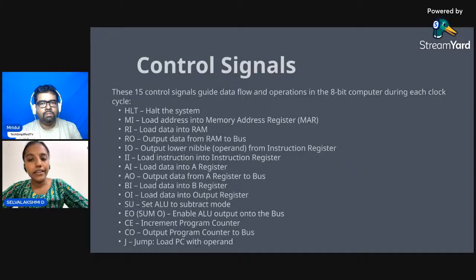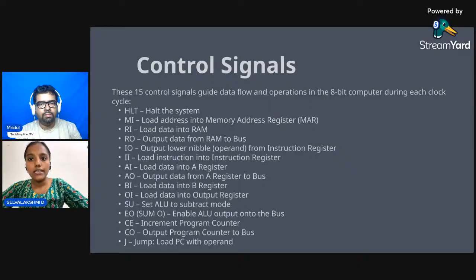AI and AO are register A's input and output, and BI is register B input. OI is load data into the output register. For the output register, we are loading our data. SU is the sum subtraction. If SU is high, only then can we perform the subtraction operation. Otherwise, by default, it will add the two numbers.